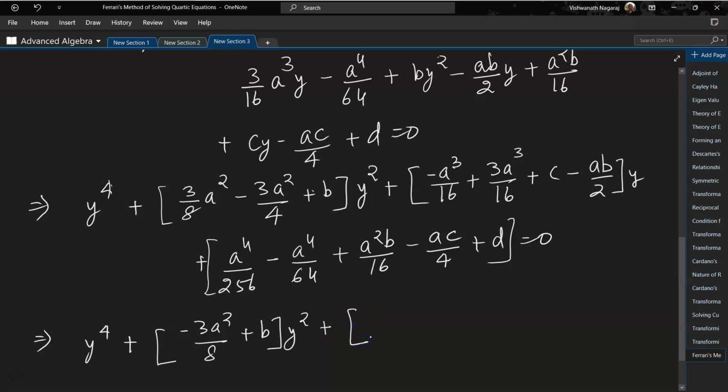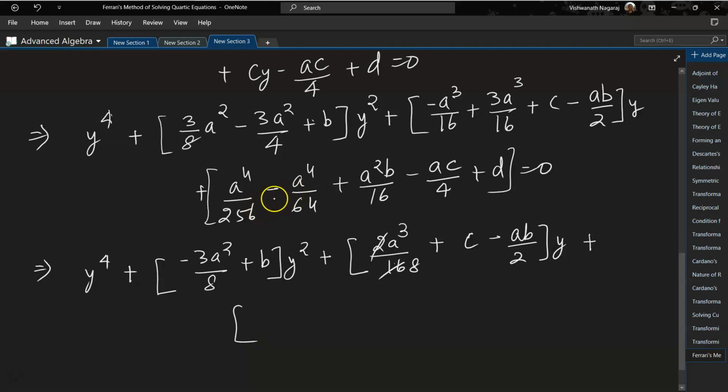Again we can do the same thing here: 2a cube by 16, which simplifies to a cube by 8, plus c minus ab by 2, times y.